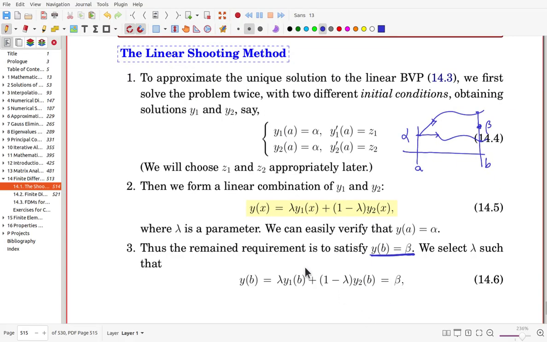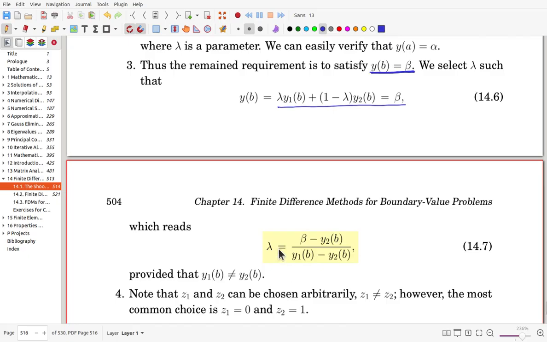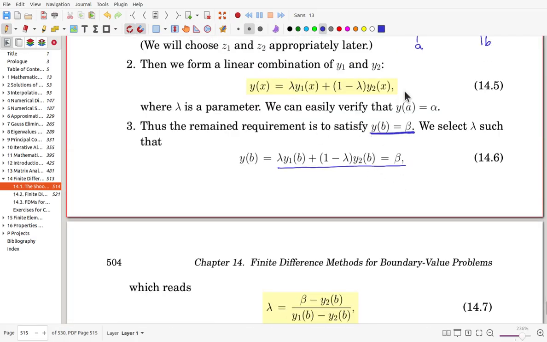Once we start with this linear combination and reach this one at B, we try to solve this equation for lambda. Then lambda becomes this, as long as the bottom is non-zero, lambda is well defined. So we can find lambda. After finding lambda from this equation, the solution will be finalized.